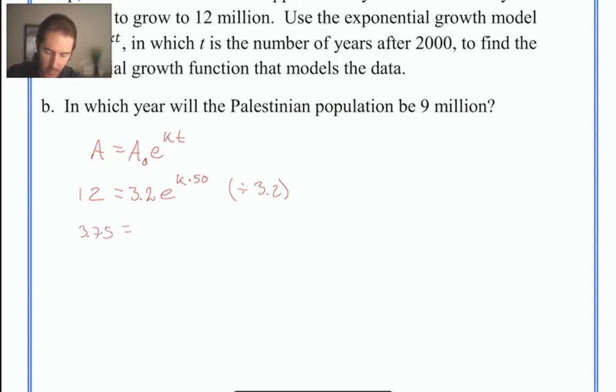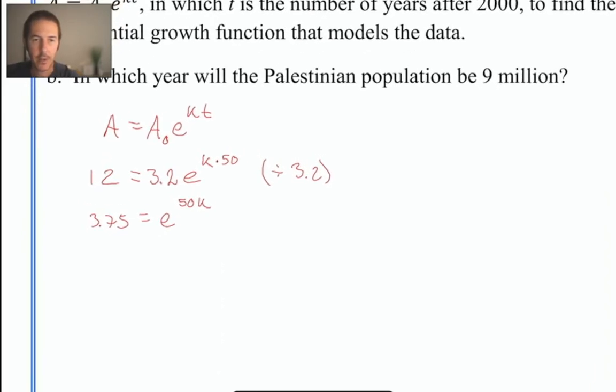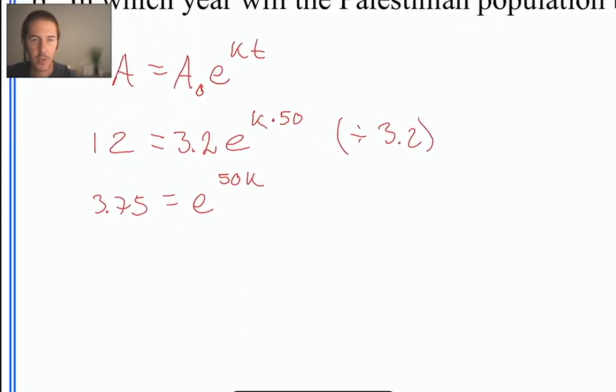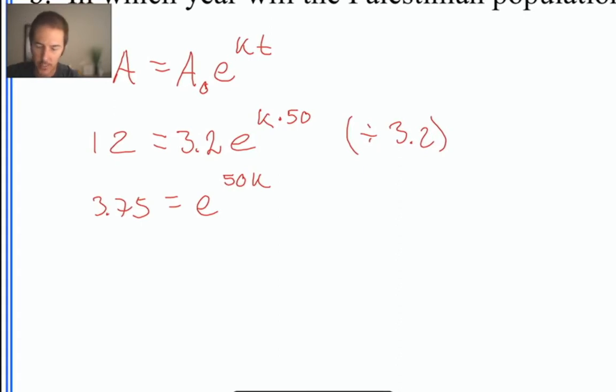3.75 equals e to the, and I'm going to write this as 50k instead of k50. Now I need to get that k value down on the ground, as I like to say, and in order to do that, I'm going to take the natural log of both sides of this equation. So we have the natural log of 3.75 is equal to the natural log of e to the 50k.